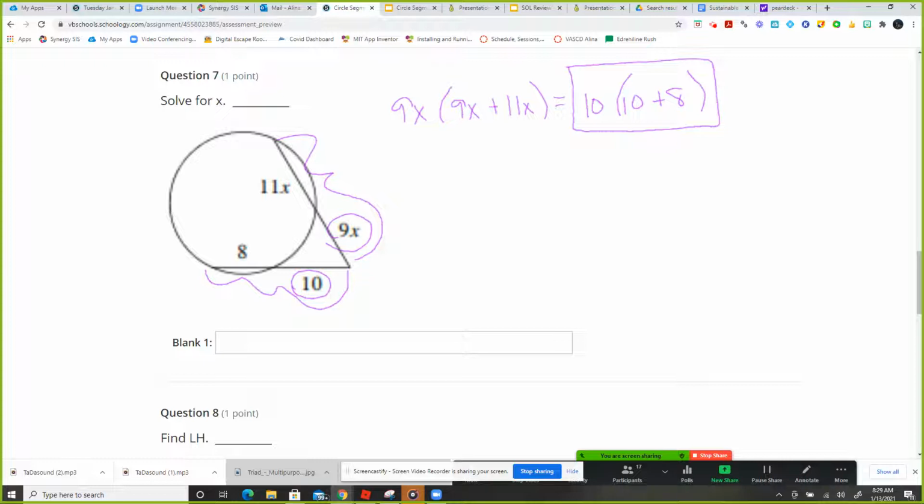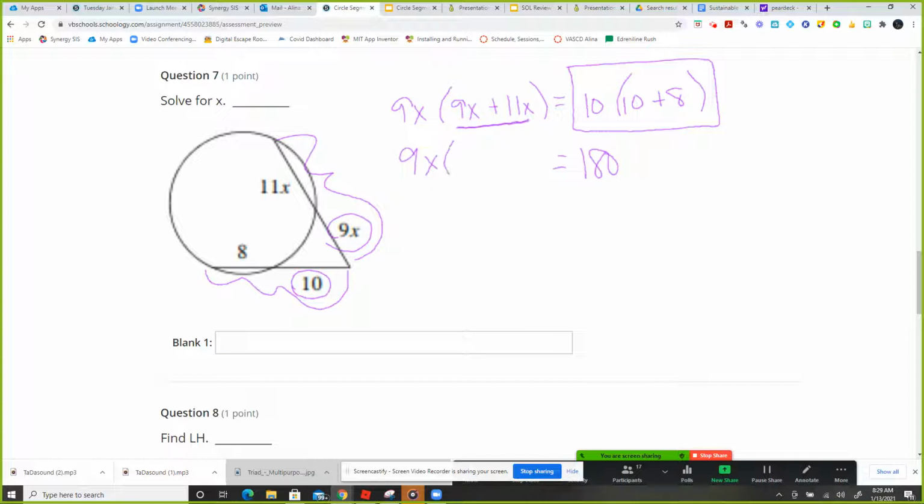So 10 times 10 plus 8. In my head, I get 180. Is that correct? Hopefully. And then over here, I'm going to revert back to PEMDAS. So I'm going to add those up.